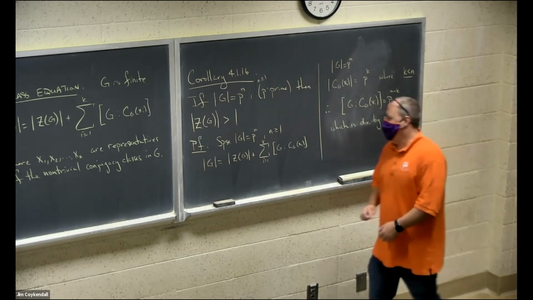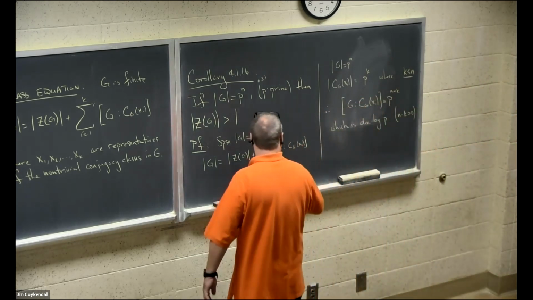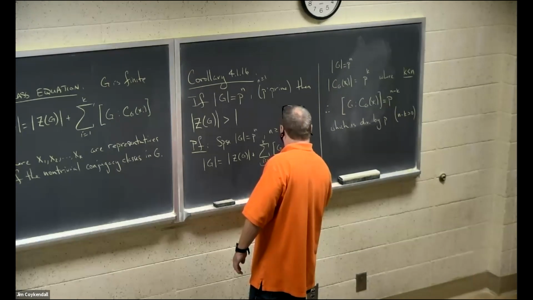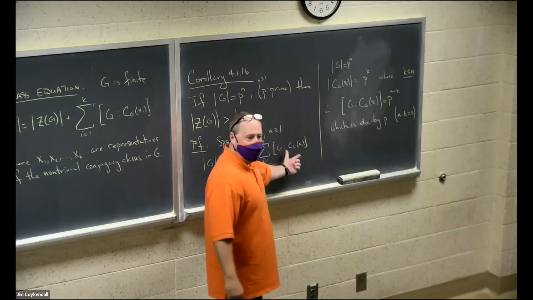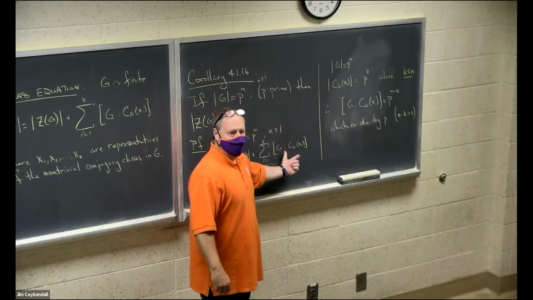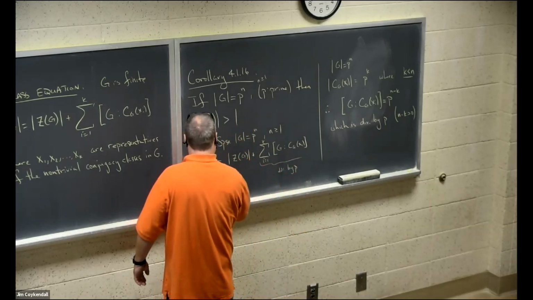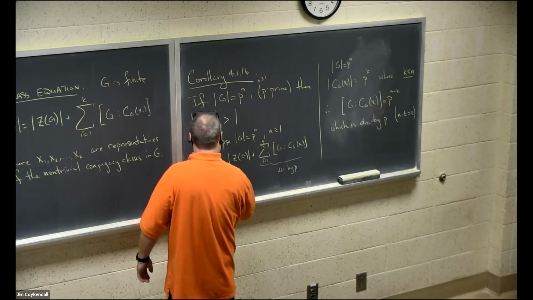Right. So let's pick this apart. What this means is this is divisible by P, because you're adding up a whole bunch of terms, all divisible by P. And this is divisible by P, in fact, P to the N.